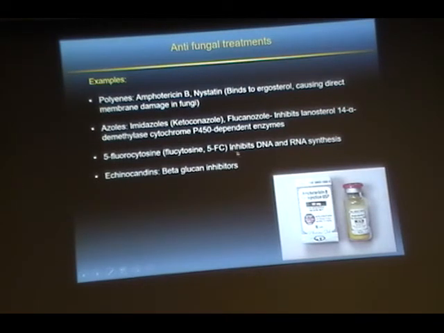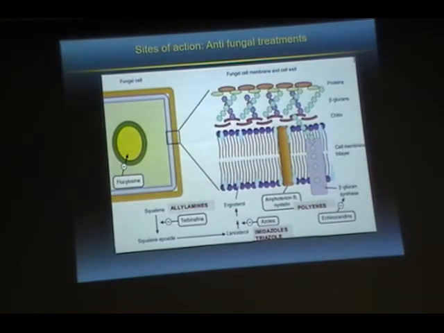And flucytosine and echinocandins are other types of beta-glucan inhibitors and DNA and RNA synthesis inhibitors that are also used as a part of the antifungal regimen. So these are the mechanisms. Here you have a fungal cell, that's the nucleus, and here you have the fungal cell wall and membrane.